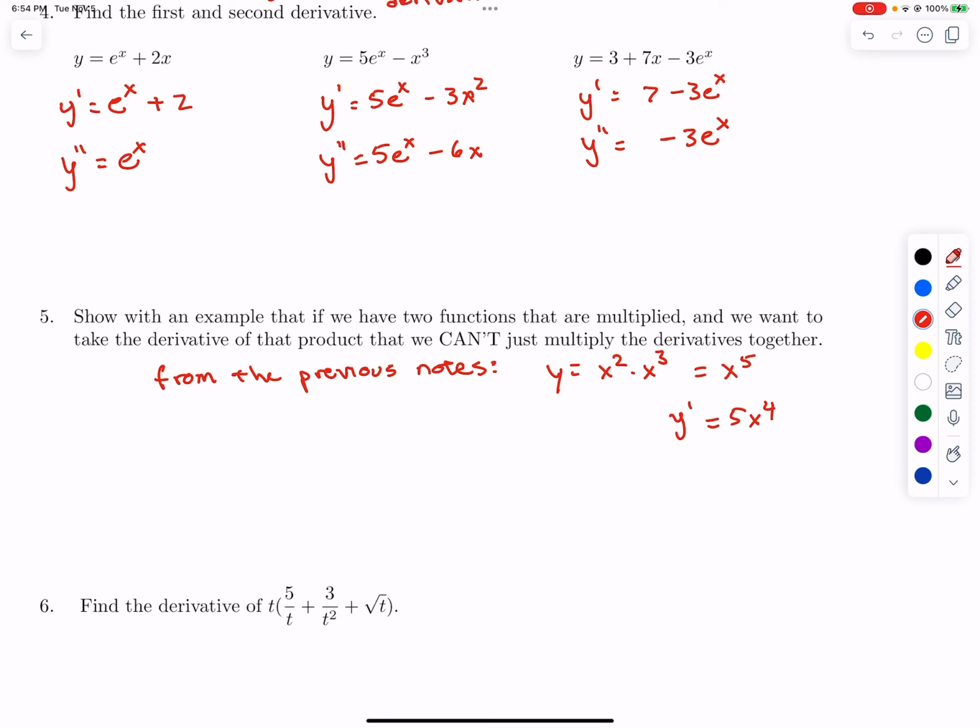But if we have f of x is x squared and g of x is x cubed, is the derivative of the product just the product of the derivatives? Well, let's just see. Derivative of x squared is 2x. Derivative of x cubed is 3x squared.